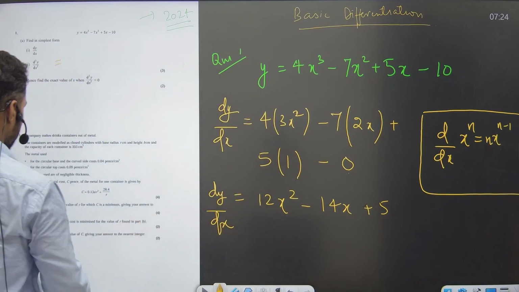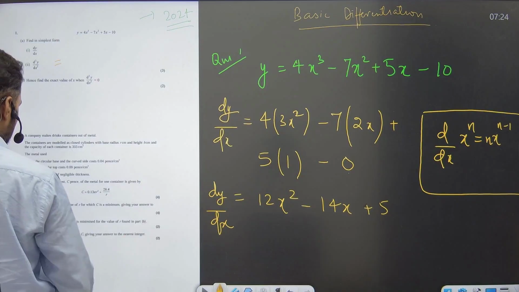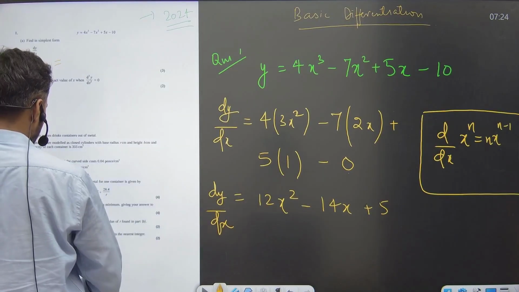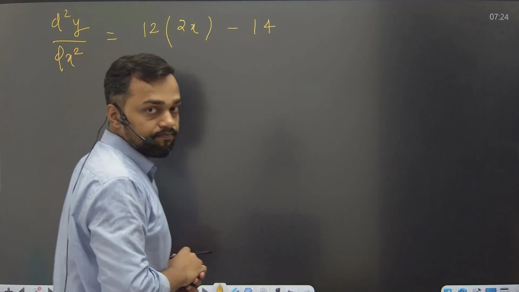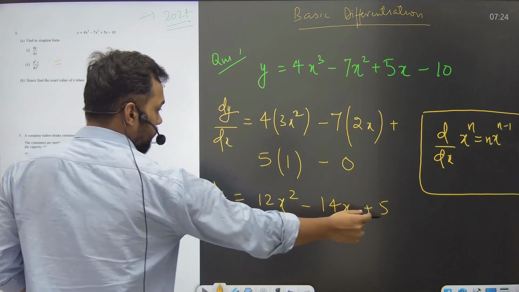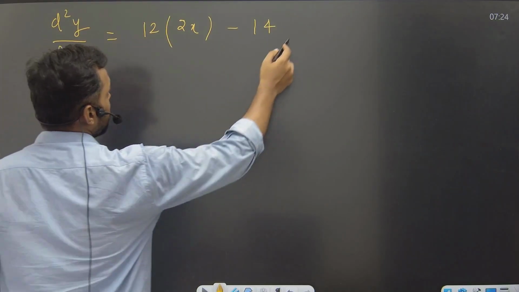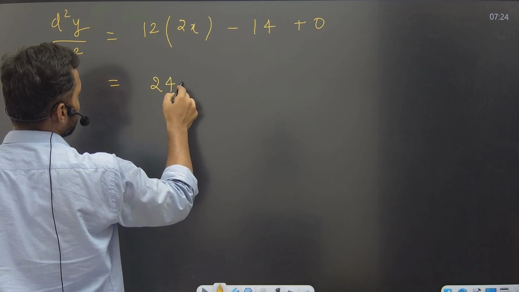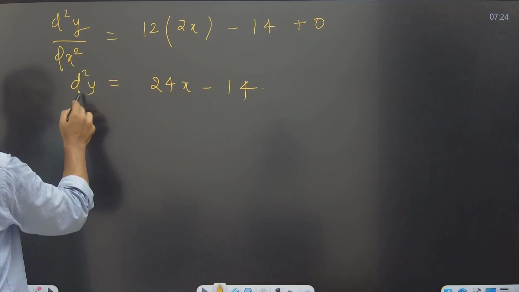So it will be 12 times the differentiation of x squared, which is 2x, minus 14 times the differentiation of x, which is 1. The differentiation of the constant term will be 0, so we will not write it. So we get 24x minus 14. This is d2y by dx2.